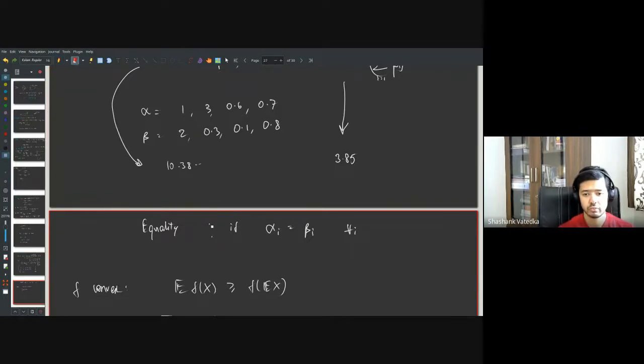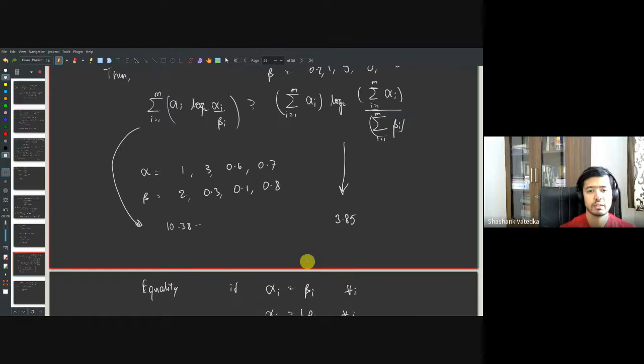It's equality if alpha I equals beta I, but in general, if alpha I equals some k times beta I for a fixed constant k. Then note that this is always going to be log 1 over k. The LHS will be summation over I alpha I log 1 over k, and the right hand side is also going to be summation over alpha I log 1 over k.